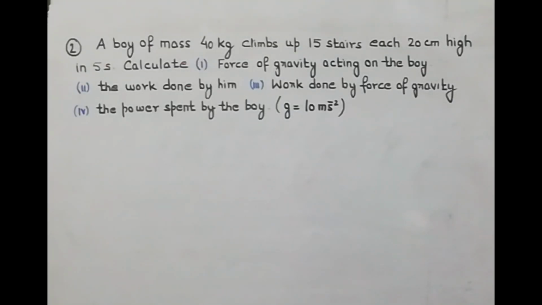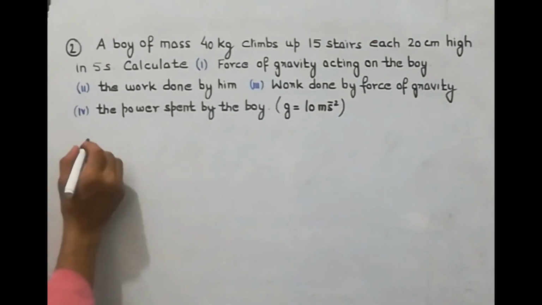Now if you go through this numerical, it's given a boy of mass 40 kg climbs up 15 stairs, each 20 centimeter high, in 5 seconds. So here mass of the boy is given 40 kg and he is climbing 15 stairs, each 20 centimeter high. So first of all calculate the height that he goes up.